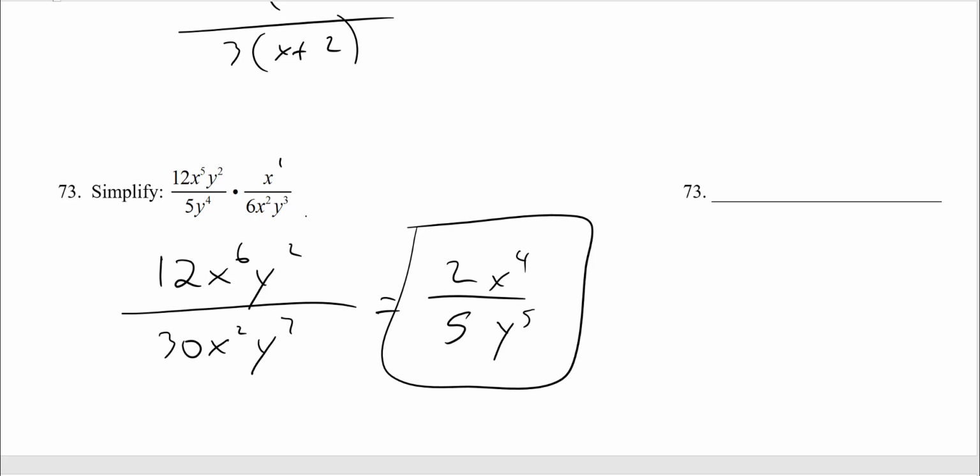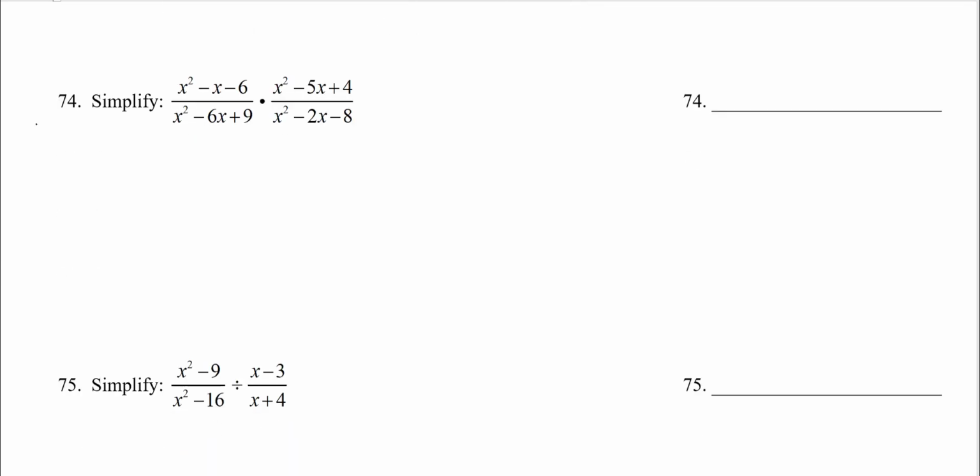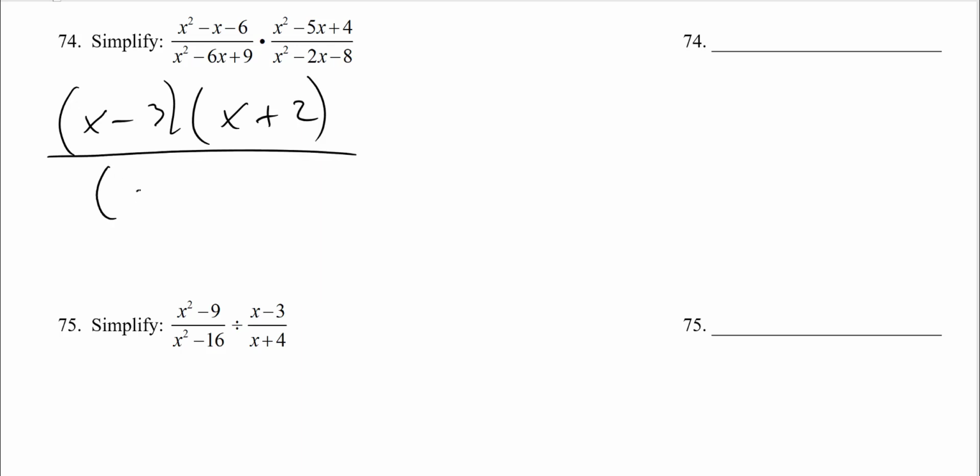Okay, got 2 more to do. This is a lot of factoring, guys. This is all factoring, so I'm just going to do it quickly because I need to get this video done here. x minus 3 times x plus 2, that's what the first one factors to, over x minus 3.